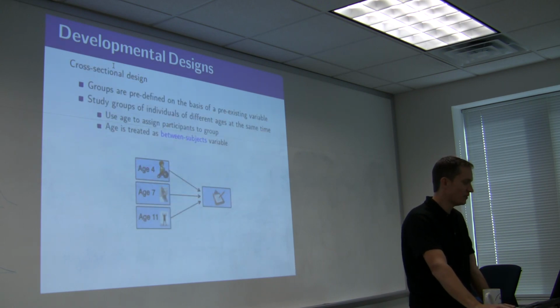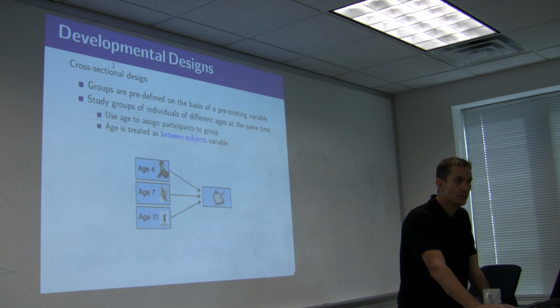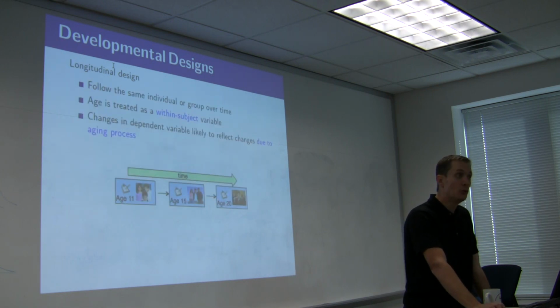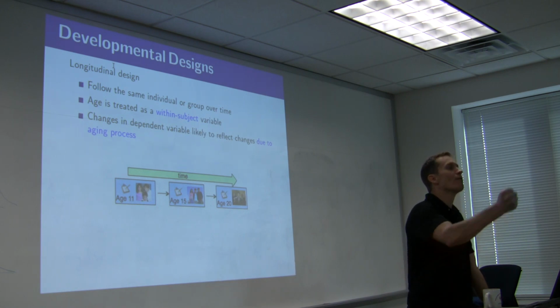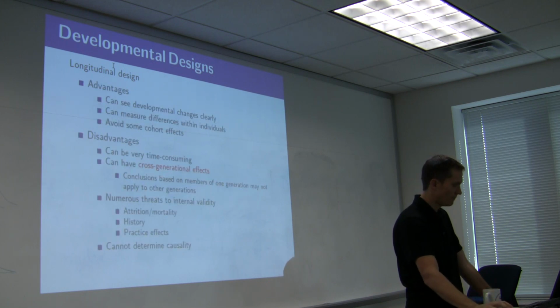In a cross-sectional design, age is a between subjects variable. You're in one age group only. On the other hand, in a longitudinal design, age is within subjects. You are tested at this age, and then later at this age, and then later at this age.